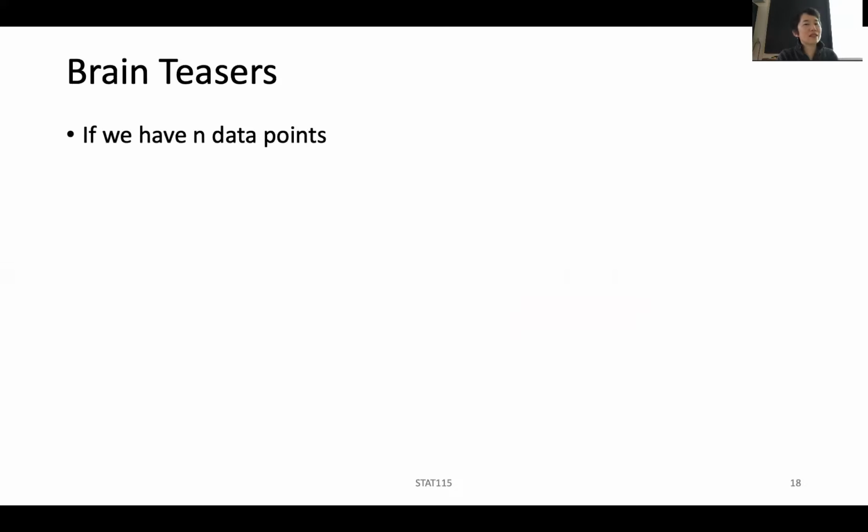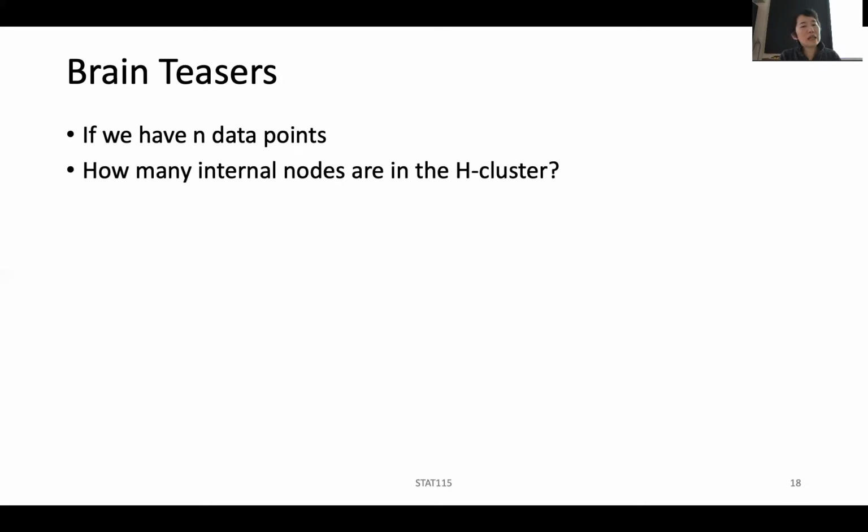Yeah, so there's a brain teaser. If we have n data points, in this case, n number of genes, how many internal nodes are there in the hierarchical cluster? If we have n genes in the genome and you try to build your hierarchical cluster, how many nodes are there in your hierarchical clustering?